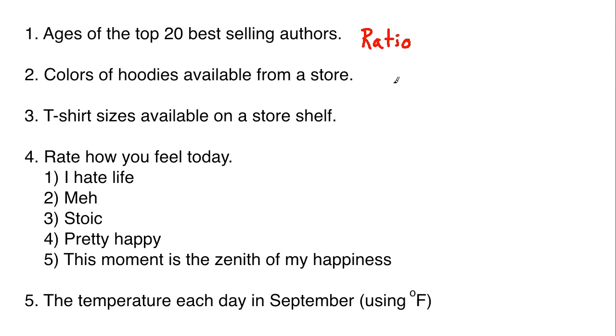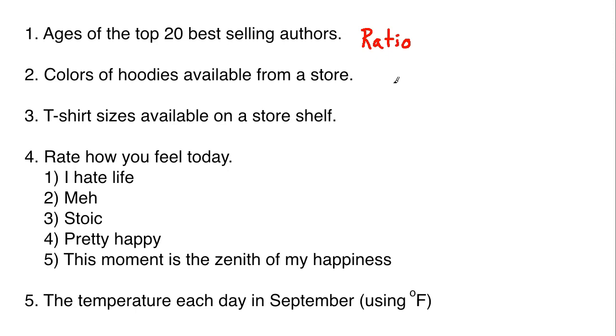Now, it may seem kind of silly that it is ratio, but if you think about it, that does make sense because 0, even though we wouldn't expect to have an author at 0 years old that's writing as a baby, there is a bottom or a floor to the age. You can't get below 0, and so it is ratio.